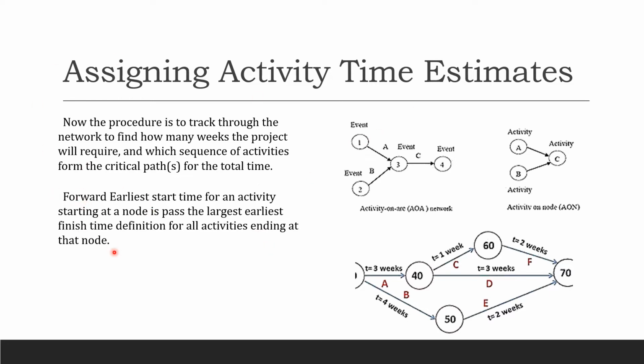So you're going to take this slow and read carefully. When you take a look at it, you can see 1, 2, 3, 4. Activities A, B, C go 40, 30, 60, and then 70, with 3 weeks, 4 weeks, 1 week, 3 weeks, 2 weeks, 2 weeks, and so on.